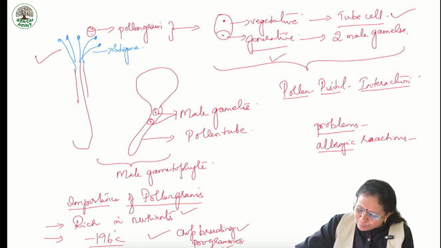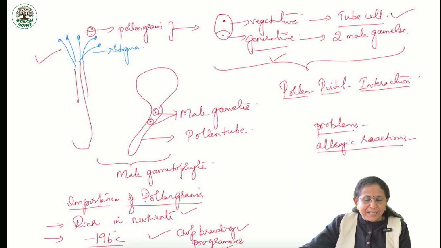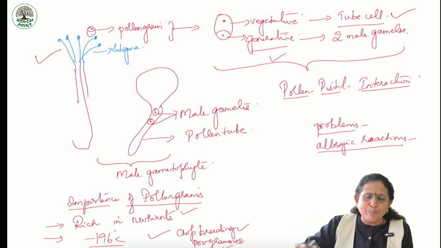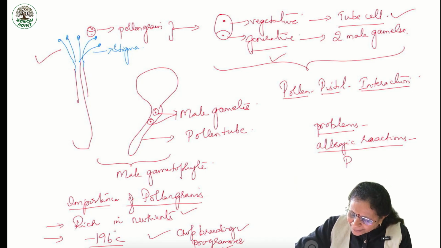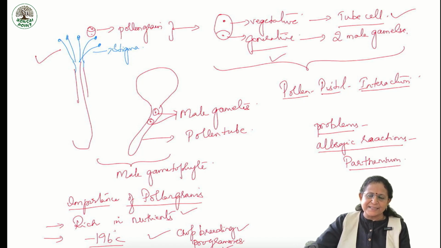Pollen grains are very allergic to some persons, and a very common pollen grain is the pollen grain of a plant, Parthenium.